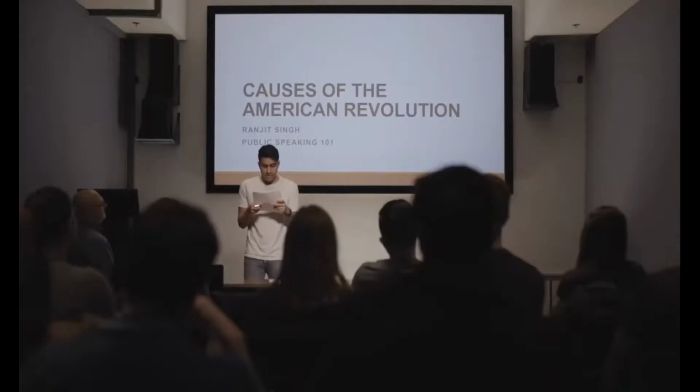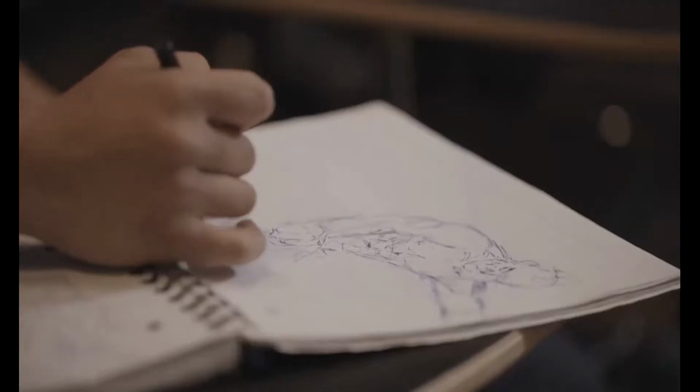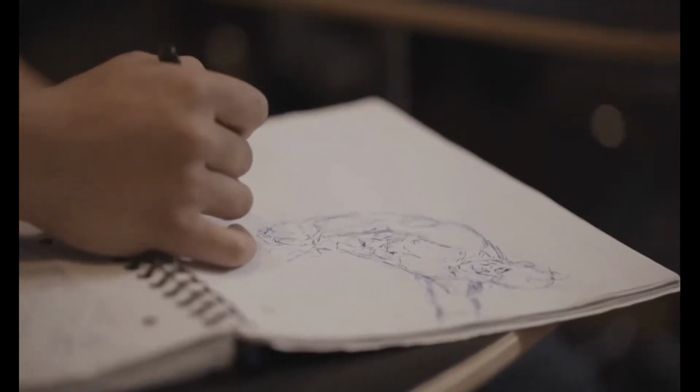The British imposed a lot of unpopular taxes on the American colonists and didn't let them elect representatives to the British government. In retaliation, the Americans started to boycott British goods. In 1773, Americans in Massachusetts dumped a shipload of British tea into Boston Harbor. This became known as the Boston Tea Party.